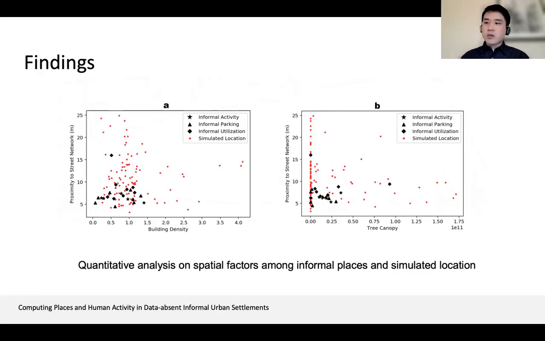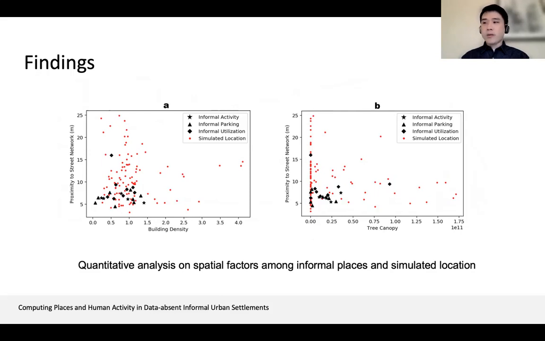And the statistics that we calculated, the quantitative analysis, do reveal some interesting correlations and relationships between the informal activity, or informal utilization of the space, and the characteristics of the space.